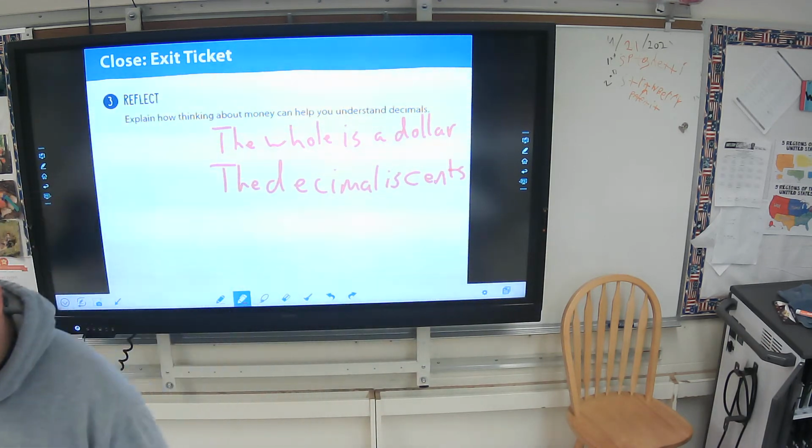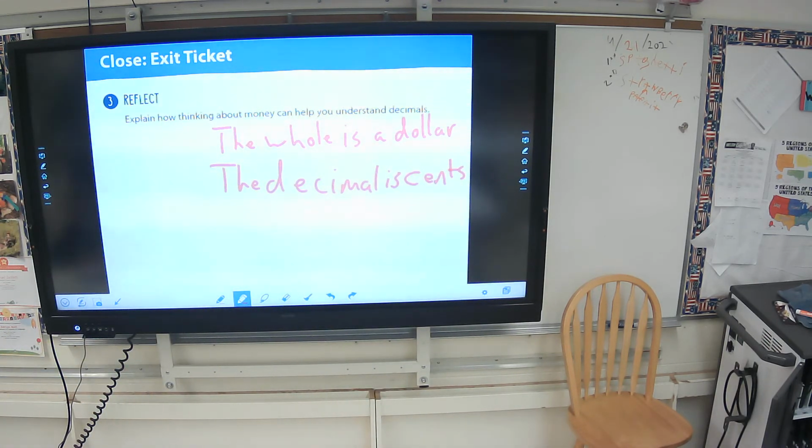The whole is $1. The whole on a decimal is $1. The decimal number itself, that's cents. And it's the same concept. You need 100 cents to make $1, right? Same idea. You need 10.